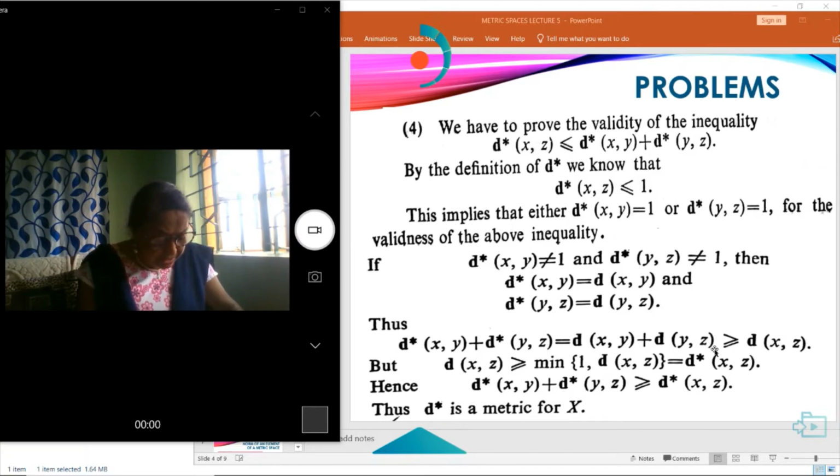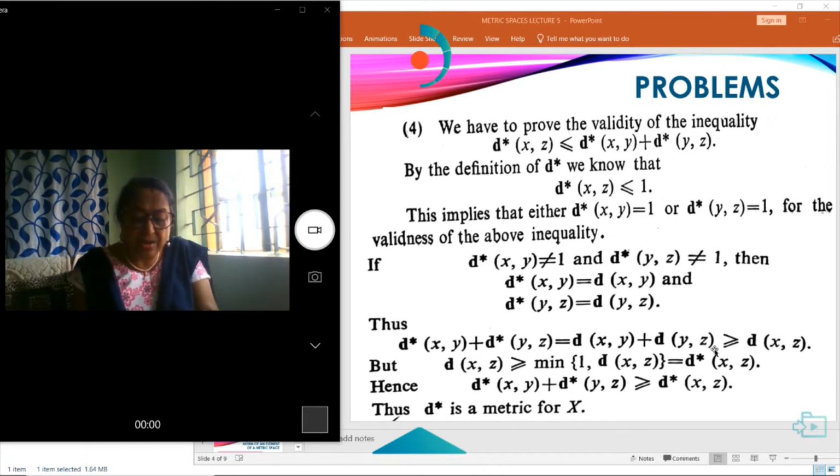By the definition, d*(x, z) is less than or equal to 1. This implies that either d*(x, y) is equal to 1 or d*(y, z) is equal to 1 for the values of the above inequality.